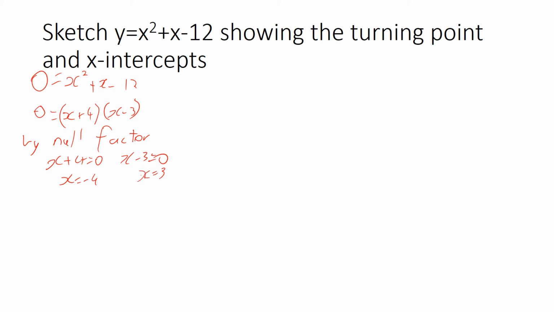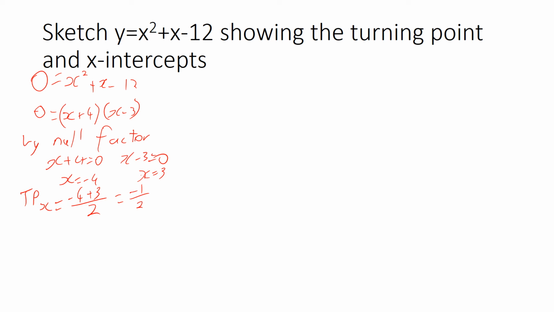Now we need to find the halfway point between these, and that will give us our turning point x-coordinate. We'll get -4 plus 3 over 2. And when we simplify that, this will give us -1/2. And that's it. That's our x-coordinate. Now we have to substitute this back into our original equation.